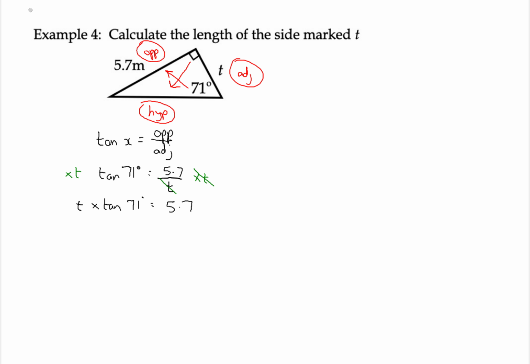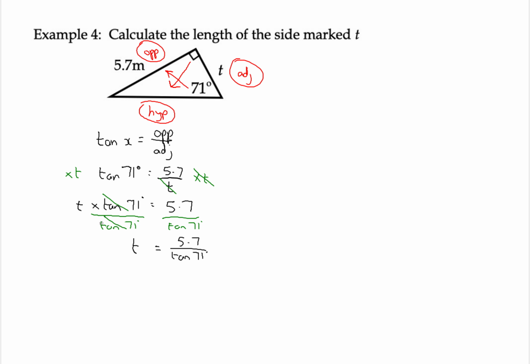Well, the opposite or the inverse of multiplying by tan 71 is dividing by tan 71, but we've got to do it on both sides. And again, where you're doing the opposite processes, you can score them out to remind yourself that they cancel out. And if we refresh that, we've got t on its own equals 5.7 divided by tan 71.